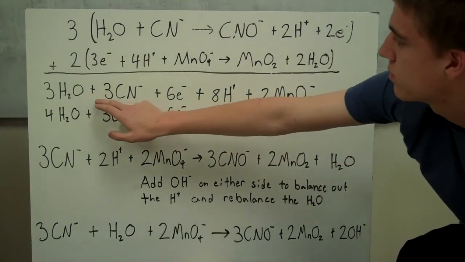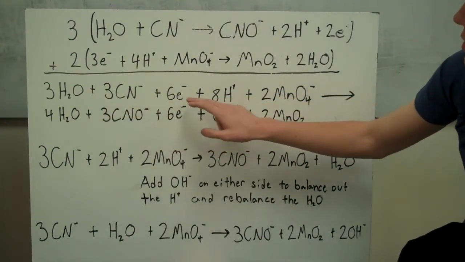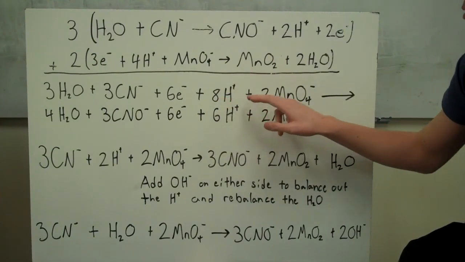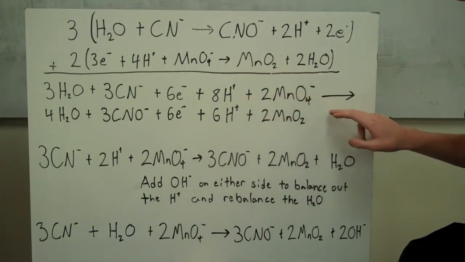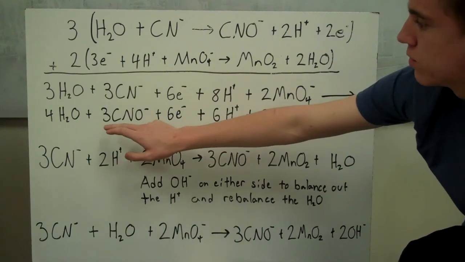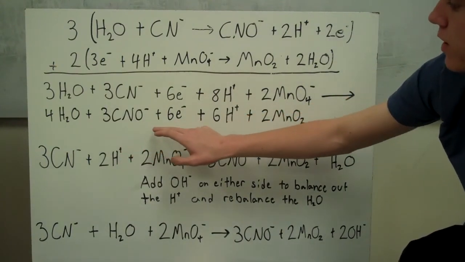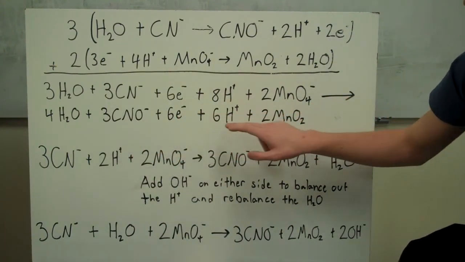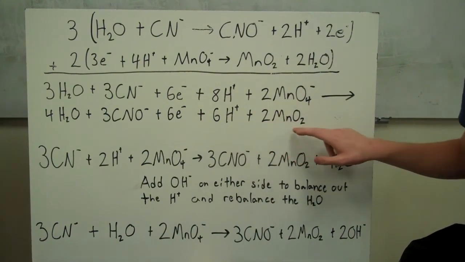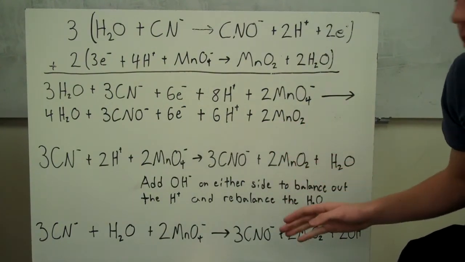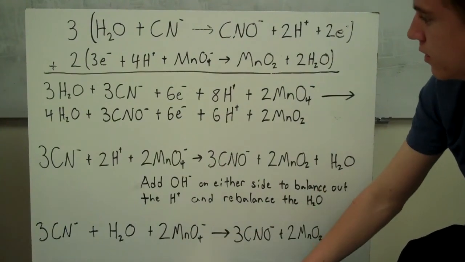We get 3 waters plus 3 CN1 minus plus 6 electrons plus 8 hydrogen ions plus 2 MnO4 minus yields 4 waters plus 3 CNO1 minus plus 6 electrons plus 6 hydrogen ions plus 2 MnO2. Again, like before, we cancel out everything that we don't need.